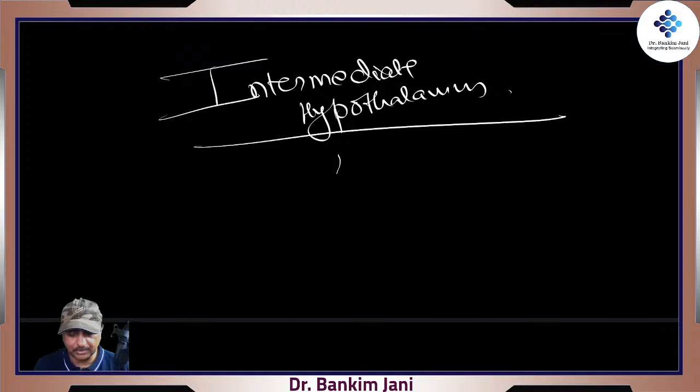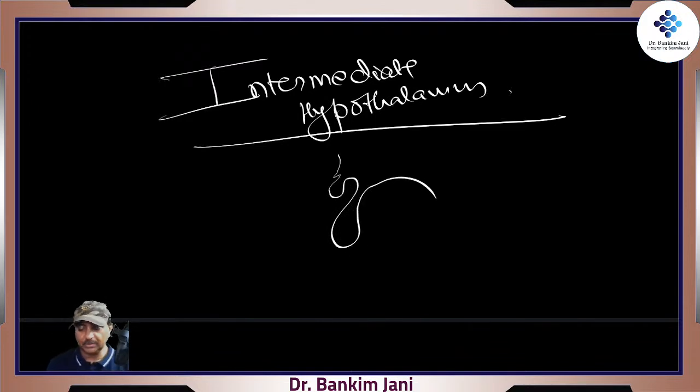This one would be the optic chiasma, that one is the pituitary gland stalk. This one was preoptic, then suprachiasmatic, supraoptic, anterior, and PVN, paraventricular nucleus.